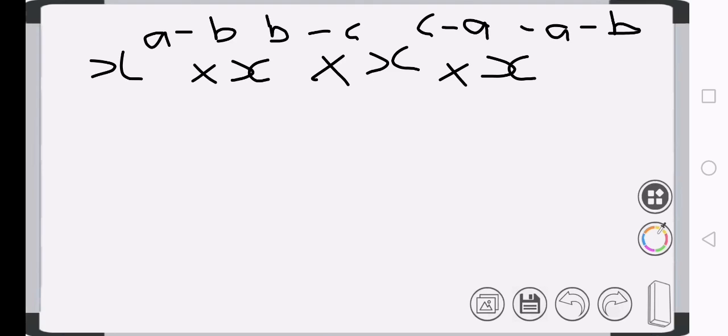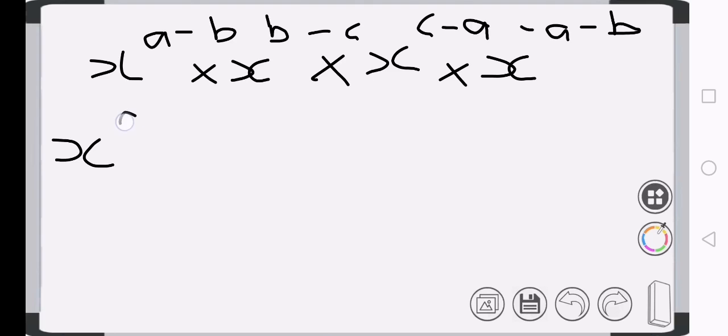As you can see, the powers are different, the bases are the same. So what we're going to do is write the x there and add the powers.